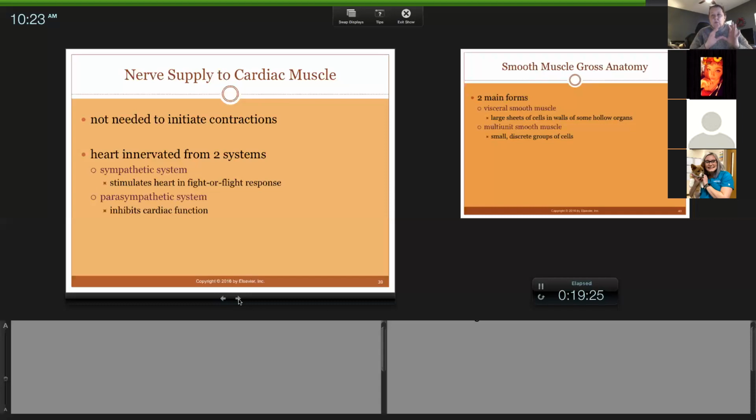But I told you, sympathetic stimulation increases the heart rate, it's fight or flight. What this is doing is it is basically following with feedback. The nervous system does have some impact on the heart, but basically the heart is responding to the need.